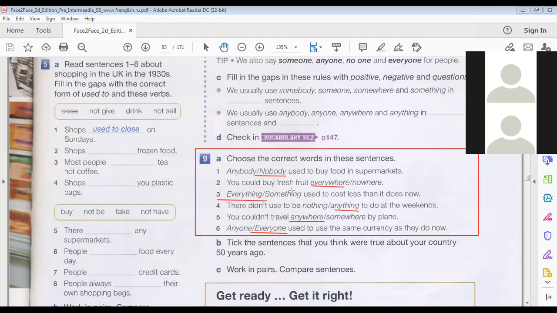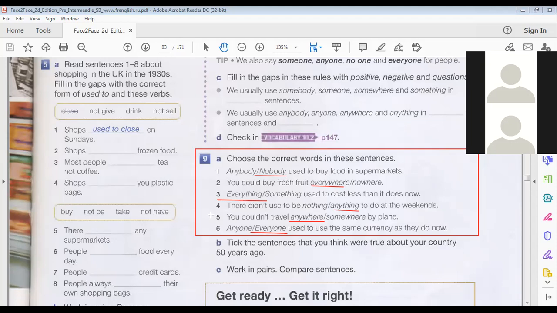Of course, grammatically, you can say something, but I think the meaning is very different between saying everything and something here. So you can say something used to, but maybe it's better to say everything, because it's not just one thing, it's a lot of things. So actually this means we can't use something in every case. We have to say everything.